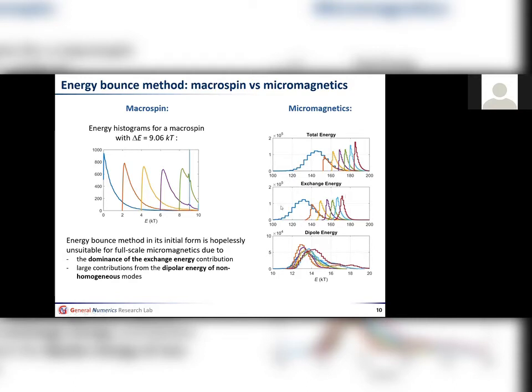It is about the same 100 to 200 kT. And the dipole energy also does not behave itself well, simply because there are many internal modes in this system. So this is once more this conclusion. So you have to invent something to make the method at least approximately work.